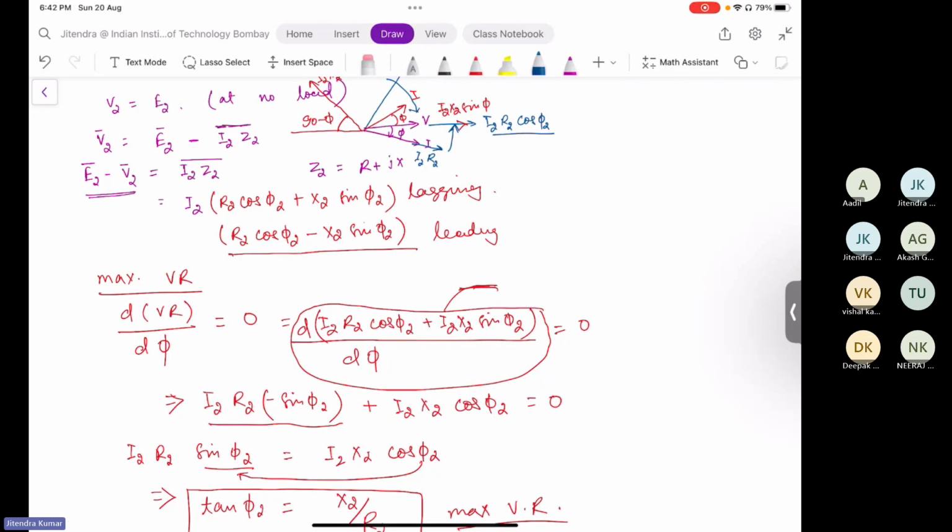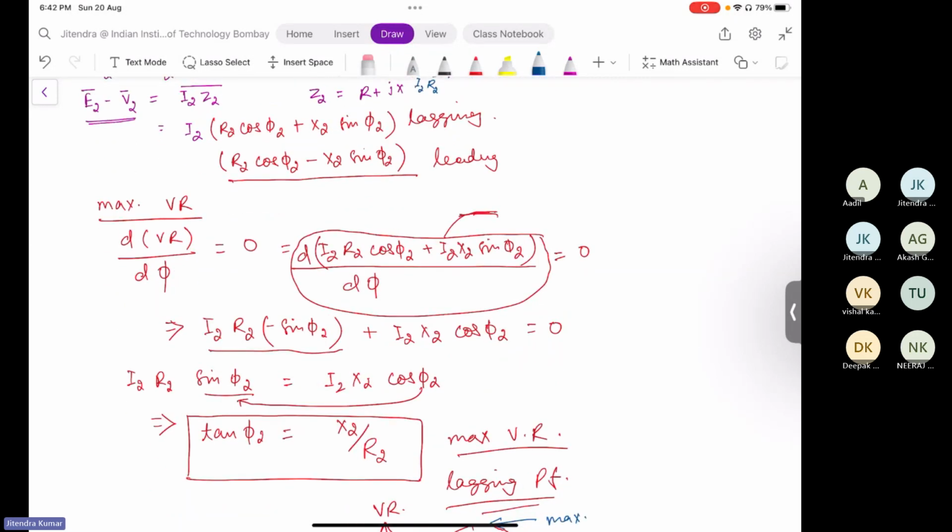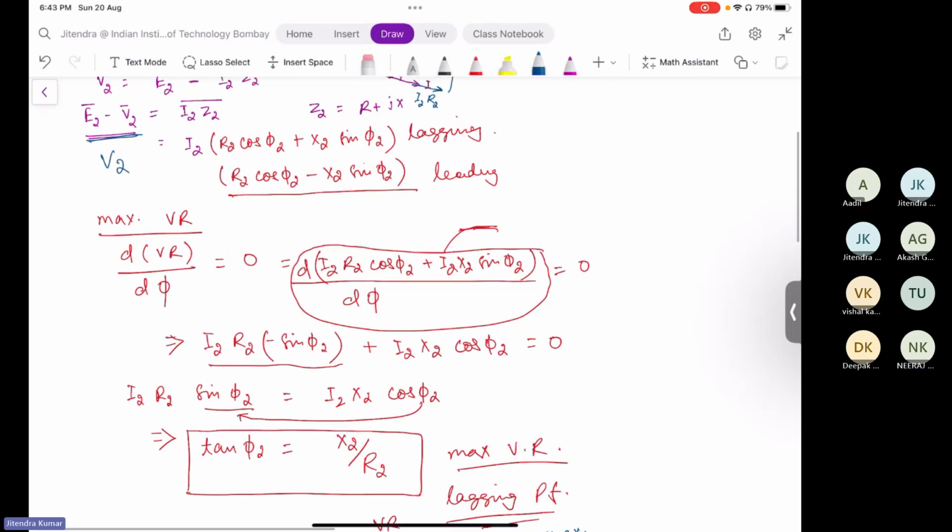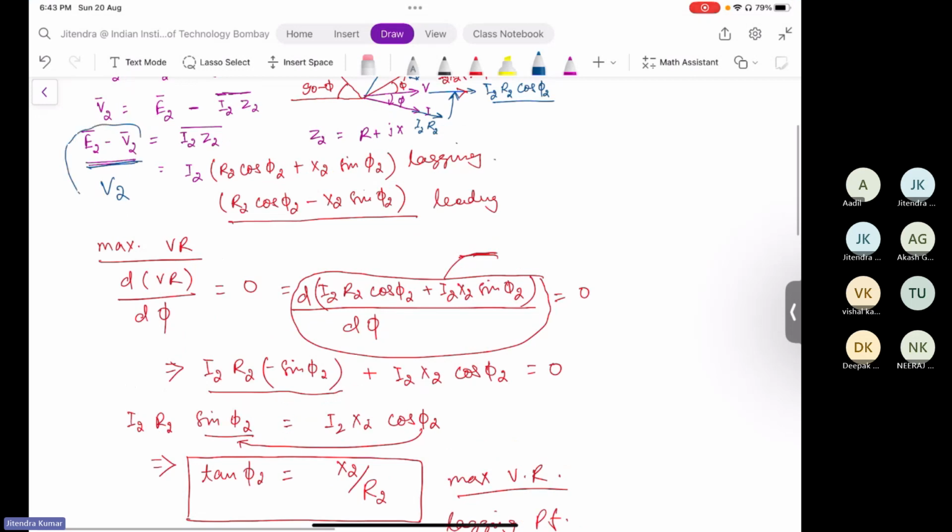Sir, I think sir has derived another formula for that in terms of divided by V1. Okay, so that is percentage voltage regulation. If you divide by V2, E2 minus V2 by V2, that is the precise formula of voltage regulation, right?